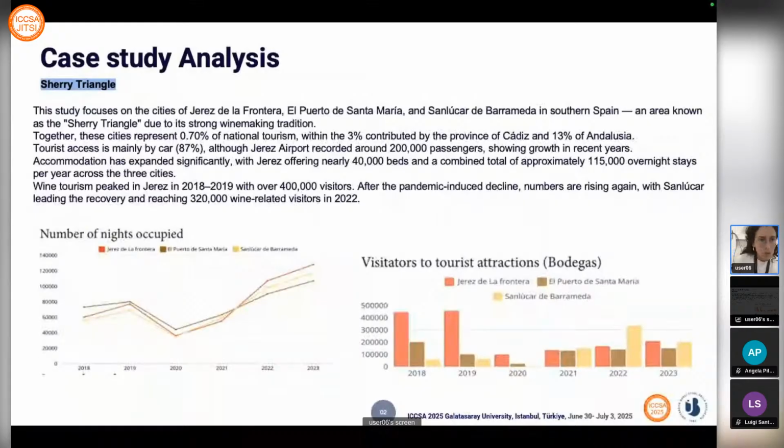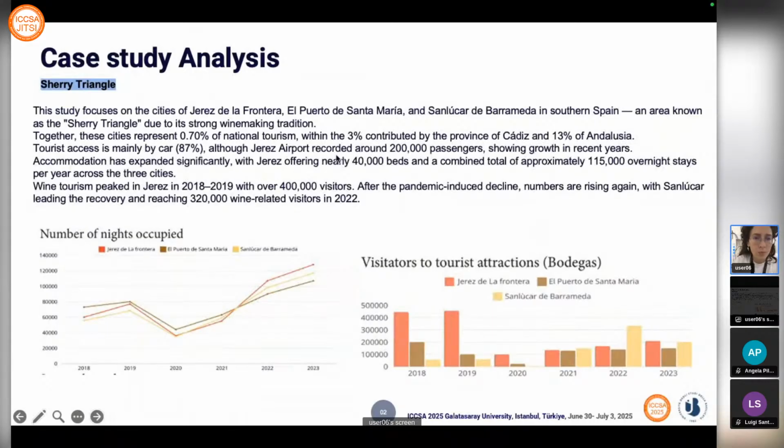Together, these three cities represent 0.7% of national tourism, 30% of the province of Cádiz's, and 13% of Andalusia's. We can see that the tourist reachability is mainly represented by car.